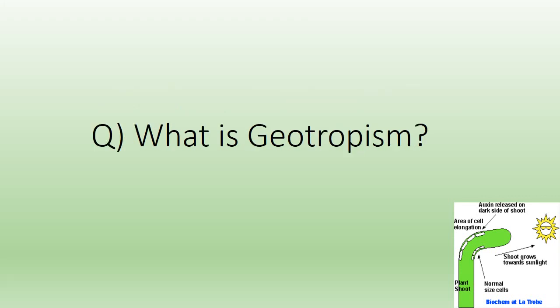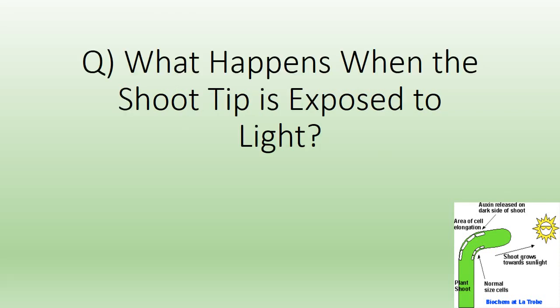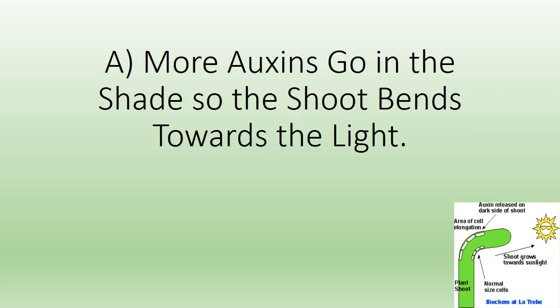What is geotropism? The growth of plants based on gravity. What happens when the shoot tip is exposed to light? More auxins go in the shade, so the shoot bends towards the light.